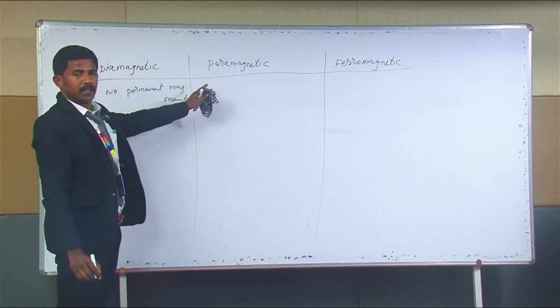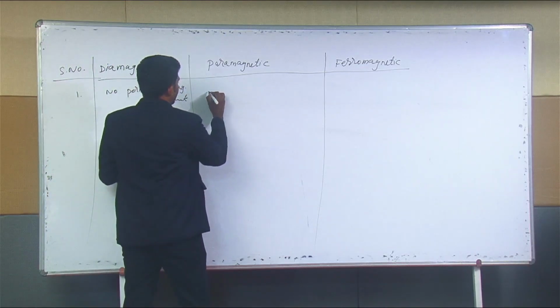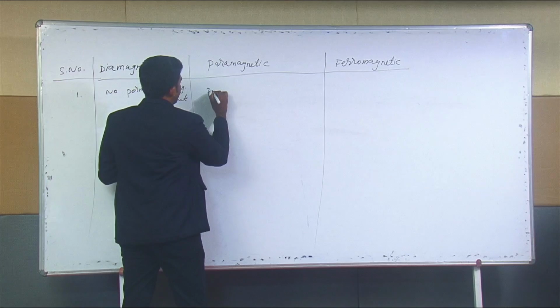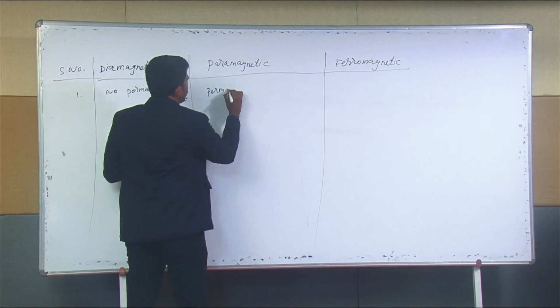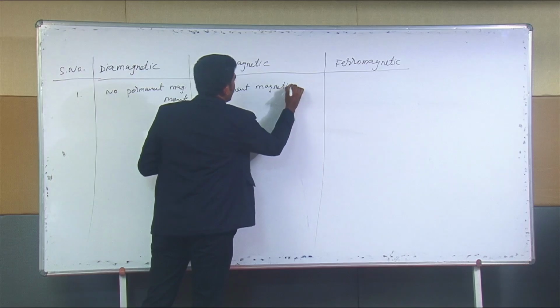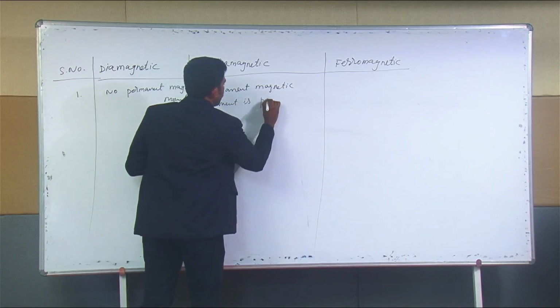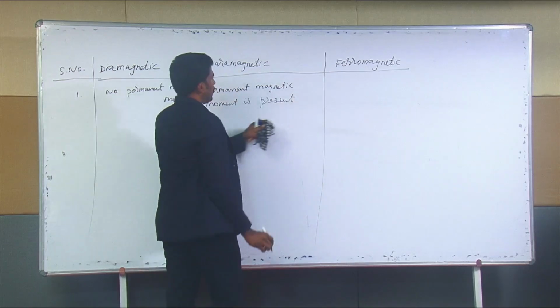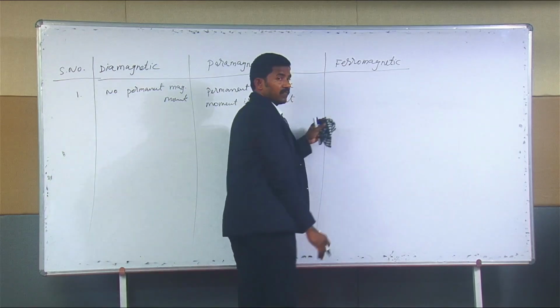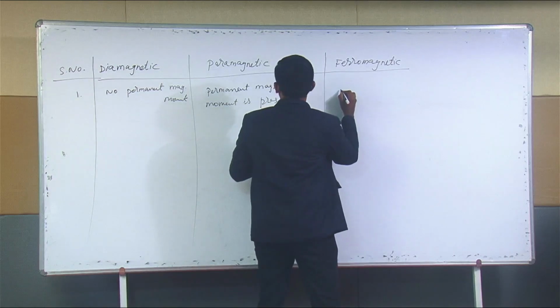Whereas in the case of paramagnetic, permanent magnetic moments are there. And here also it will be there. In fact, here an intrinsic permanent magnetic moment is also there.